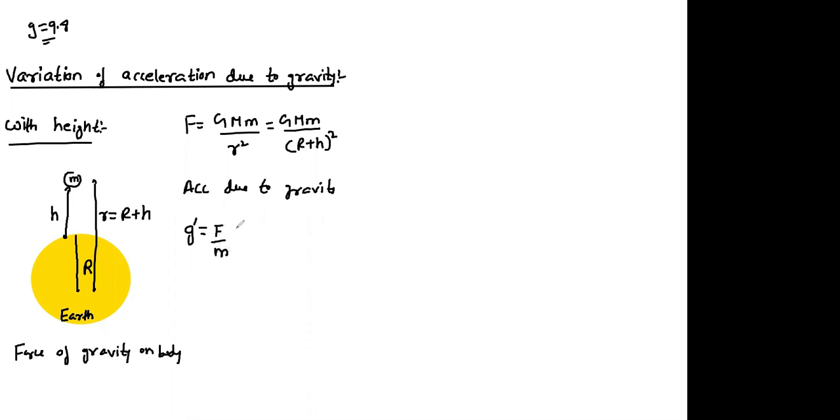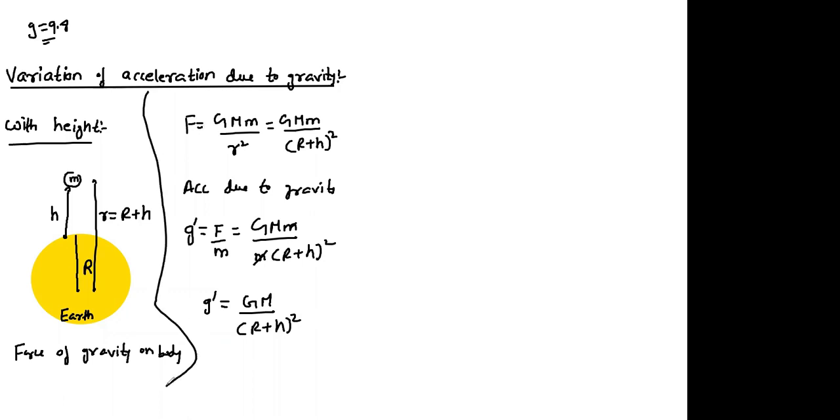It's force by mass. So it's G M m by m (R plus h) square. So this m will cancel this m. You will get that your g prime is G M over (R plus h) whole square.